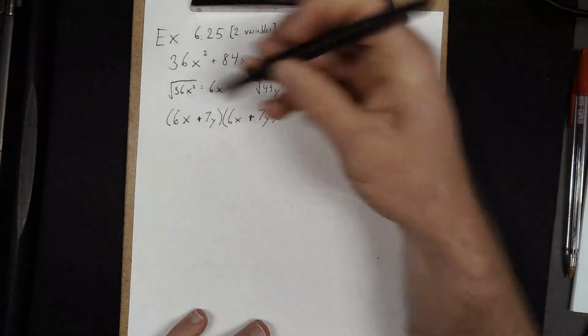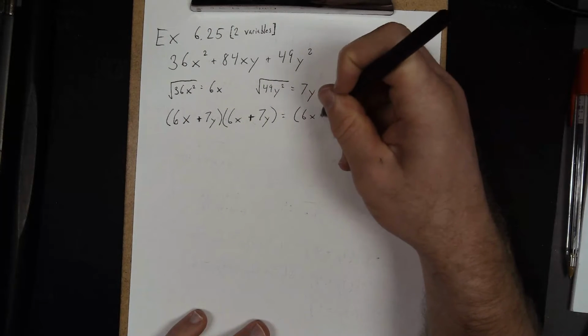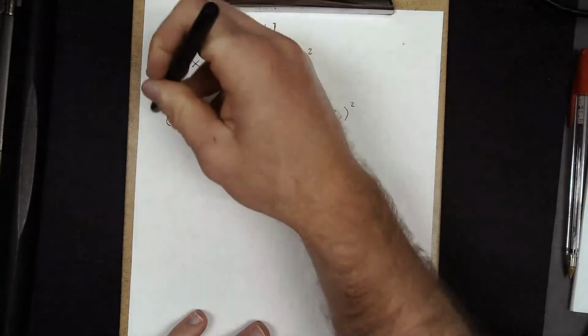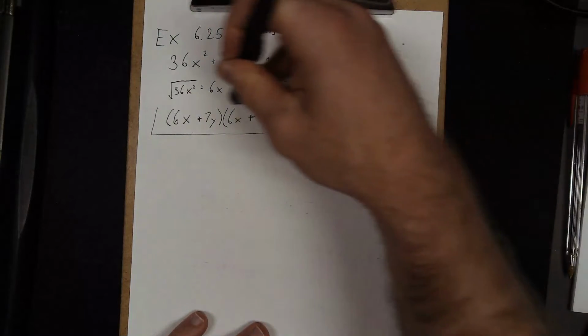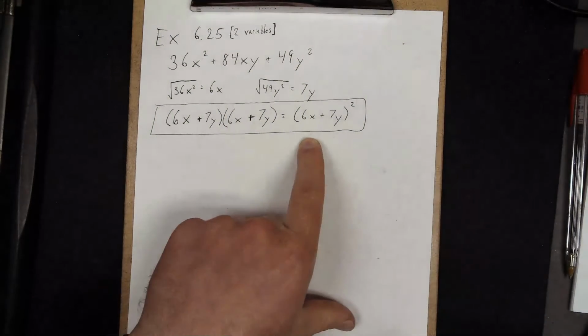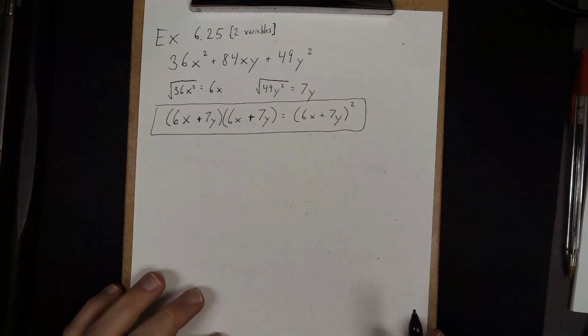That is actually your answer, and we can be writing all of these like that. Either one of those are fine. Either 6x plus 7y times 6x plus 7y or 6x plus 7y squared. Those are all going to be okay.